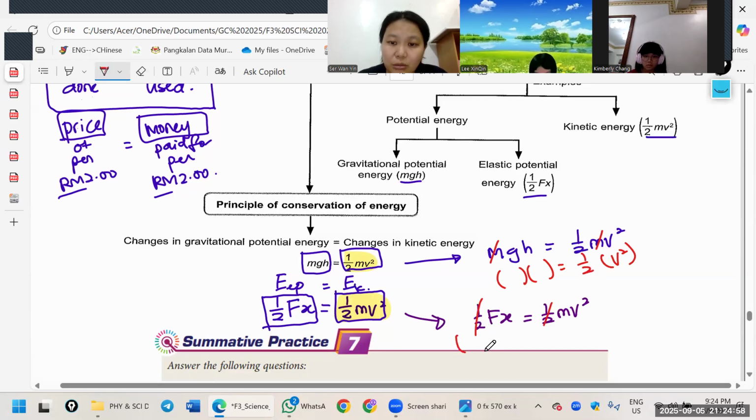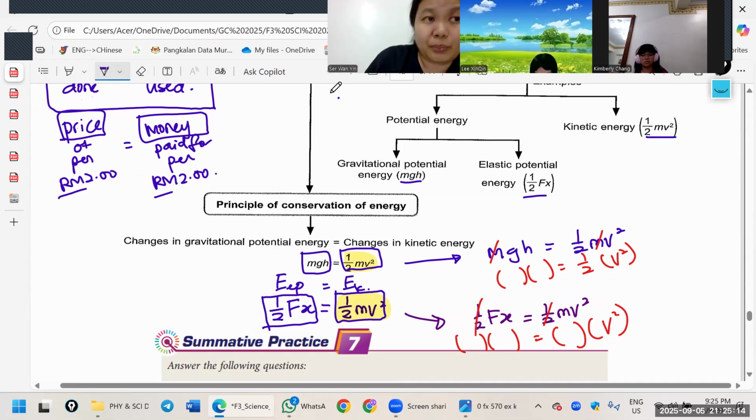We just substitute F and x, then we substitute m, and we will get v squared. Get the idea now? So if they ask what is the speed, it's gravitational potential and elastic potential.